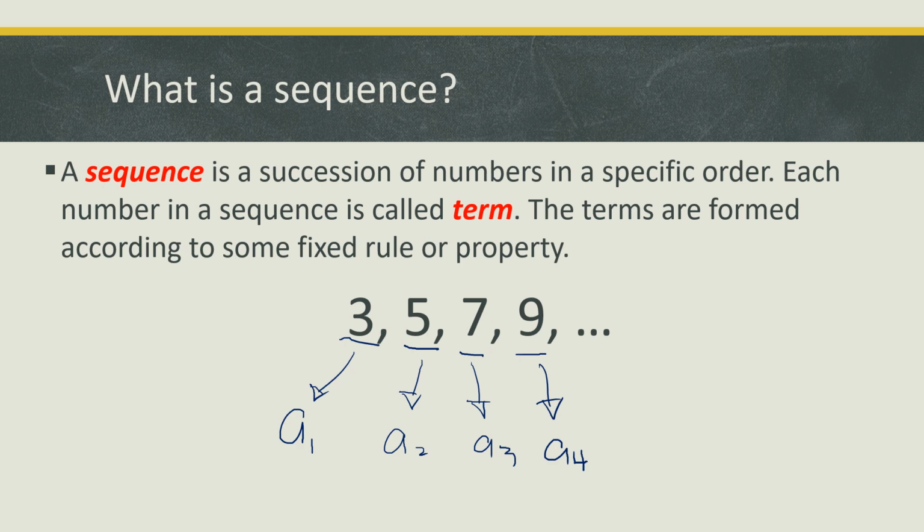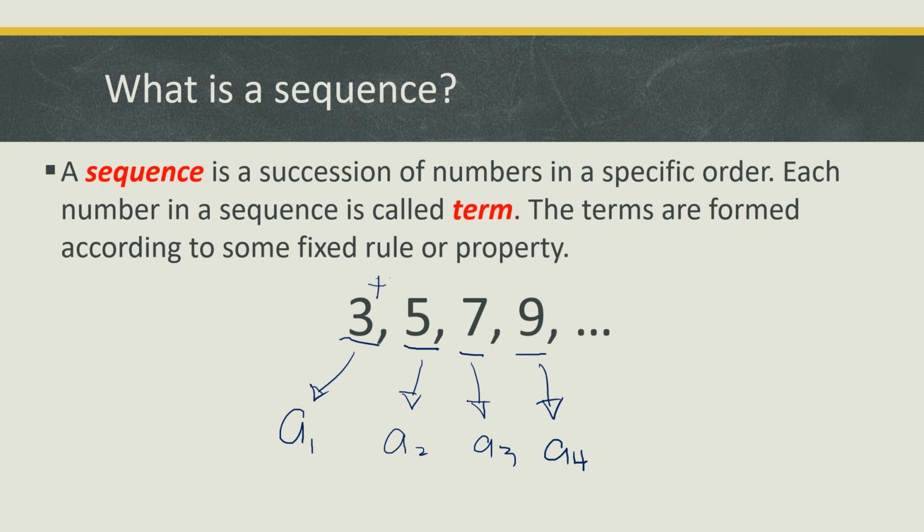Now, as I was saying, para matawag natin siyang sequence, meron tayong tinatawag na fixed rule or yung pattern. So, para malaman natin yung mga susunod na terms dito, kailangan nating mahanap yung pattern. By observing, the first term is 3 and the second term is 5. So, paano siya naging 5?